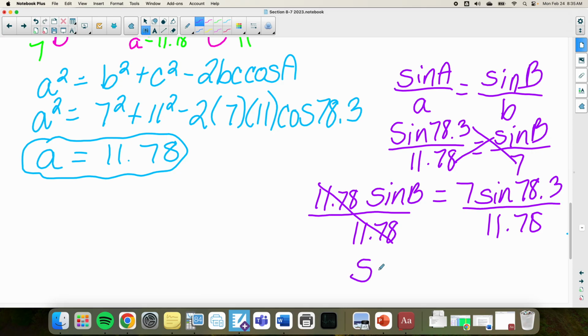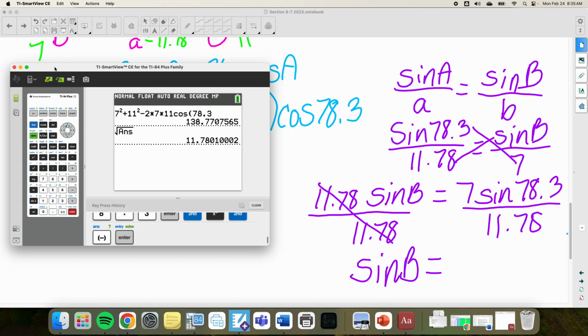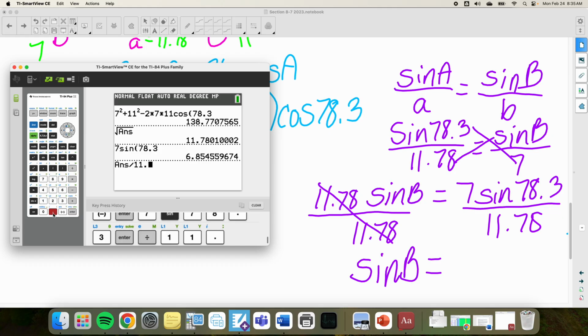And then I'm going to get sine of B equals, when you type this in, that is the sine of your angle, so it should be a decimal less than 1. If it's not, you've done something wrong. So now I'm going to go 7 sine 78.3, enter, divided by 11.78.